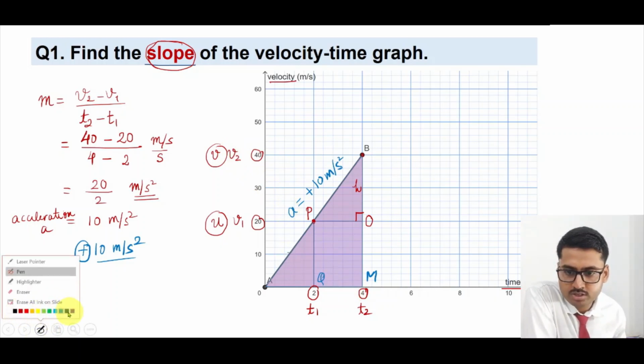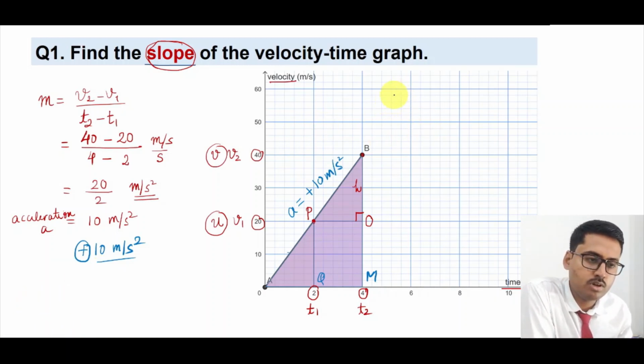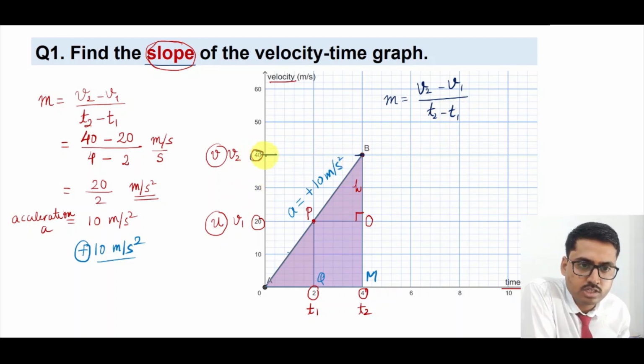For this bigger triangle, if I have to calculate the slope, M is equal to V2 minus V1 by T2 minus T1. For point B, the velocity is 40. For point A, the velocity is 0.